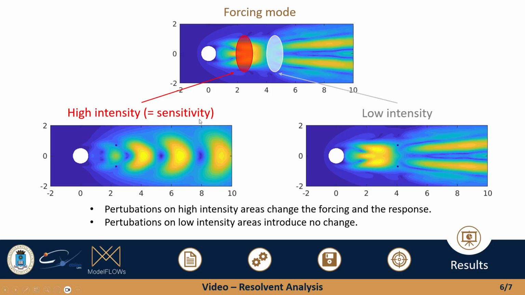Introducing a forcing in these high intensity areas, such as in two points, for example, and applying the resolvent analysis again to this new forced database, we can see that the forcing mode has changed, also the response mode, while if we introduce it in low intensity areas, we have no change.